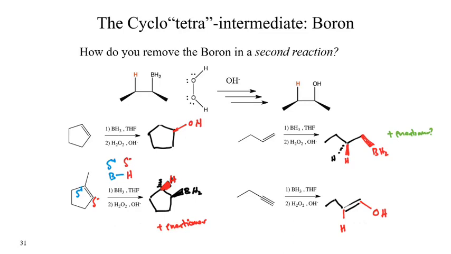The positive goes to the negative, the negative goes to the positive, and we would get the product as shown. That places the boron on the least substituted position, which would then get substituted out for our OH. Here we would need to specify the enantiomer because we do have stereochemistry because of that dashed CH3 in the back there. Okay, that allows us to differentiate this.